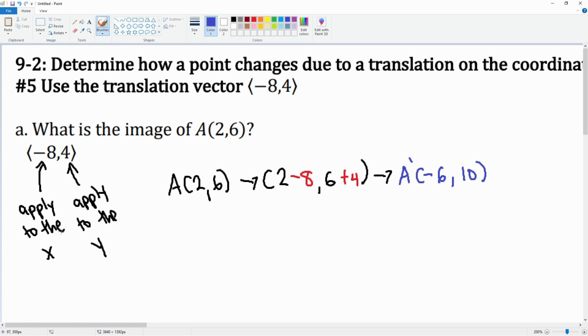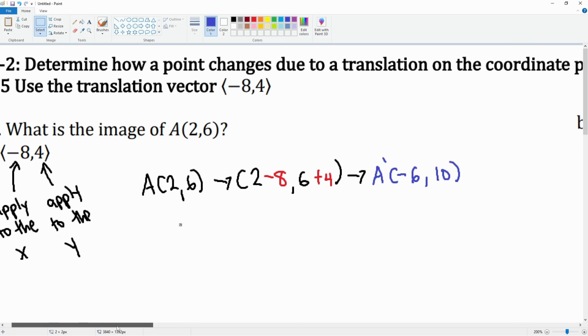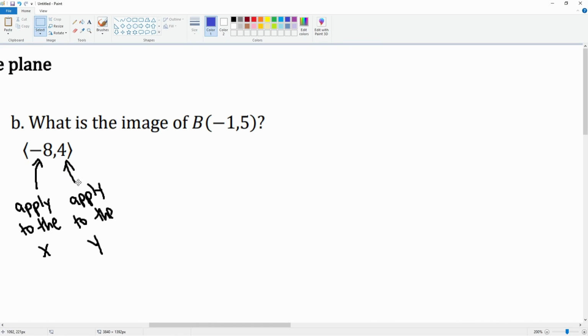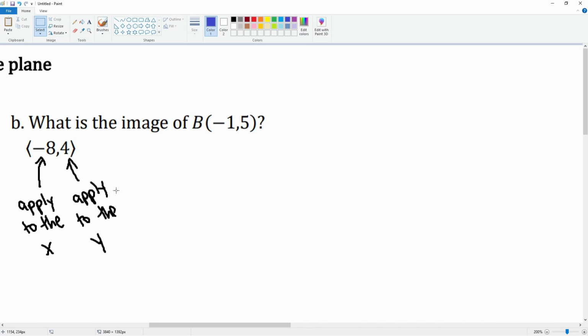So there you go. That vector tells you where it's affecting. The first value affects the x, and the second value affects the y. So let's have this used for all of them. Let's look at B. Here's the original point, B is -1, 5.